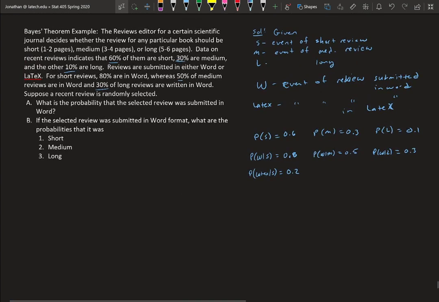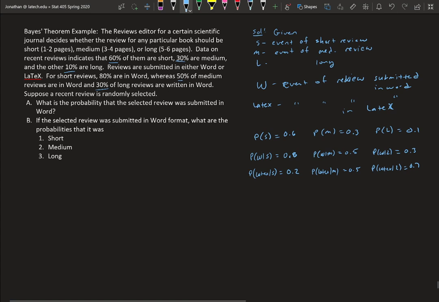Again, I can get the corresponding LaTeX probabilities. Probability of LaTeX given medium is 0.5, and probability of LaTeX given long is 0.7. So basically 70% of the time people would use LaTeX to write the long review. So that's how you interpret these probabilities.